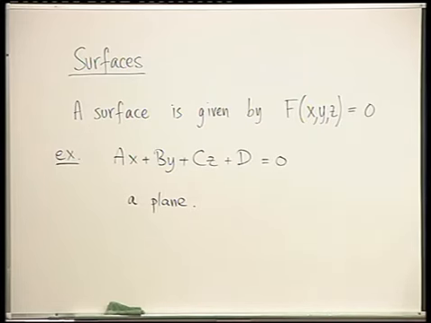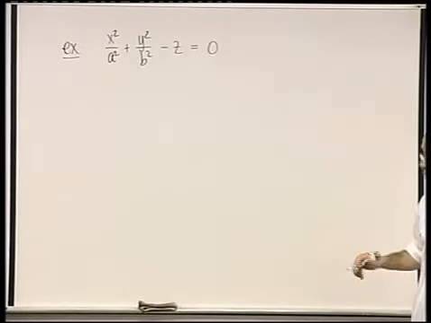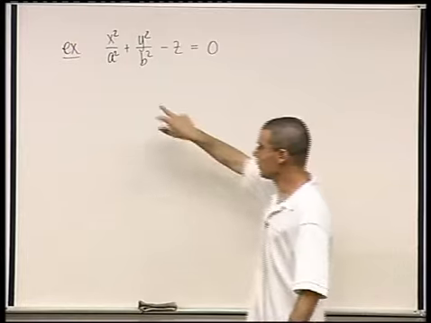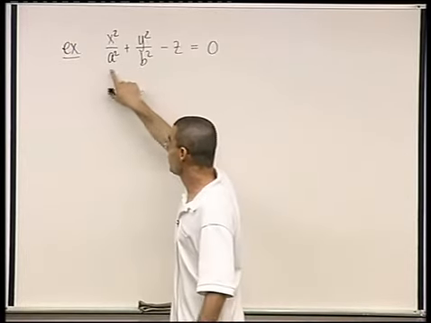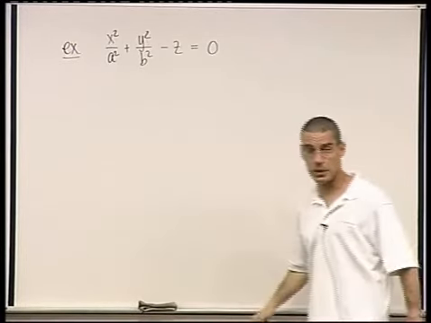So here it is, x squared over a squared plus y squared over b squared minus z equals 0, where a and b are parameters. Okay, if you're finding it difficult to think of a and b in general, put a 2 here and a 3 here. It doesn't matter.